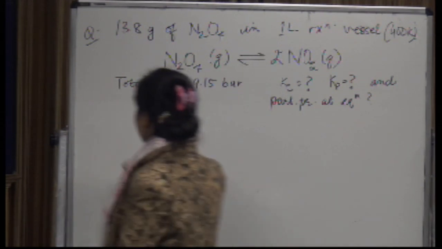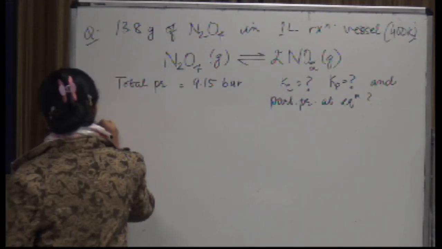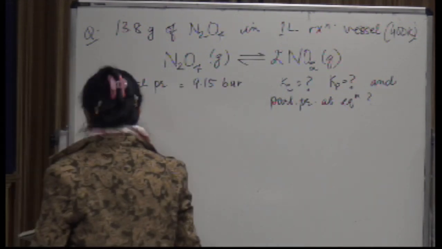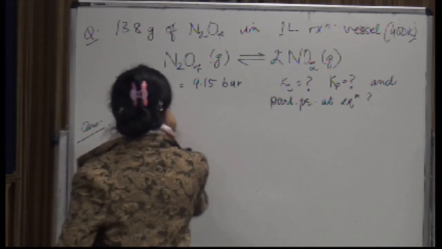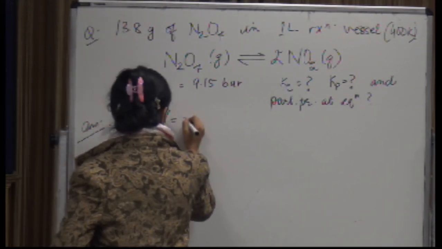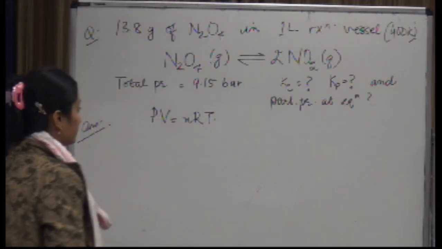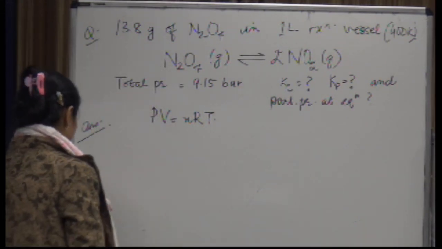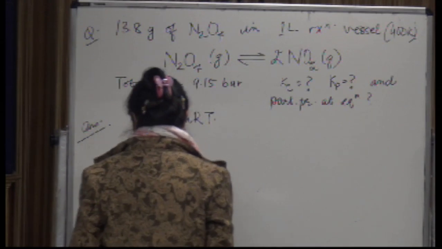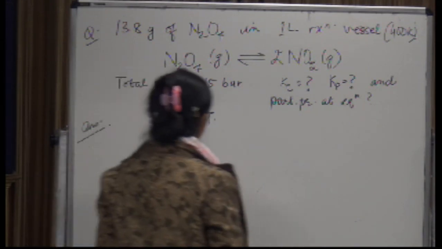Here, first of all, I would suggest that you remember the ideal gas law equation, PV is equal to nRT. If you know that, you can easily calculate the initial concentration.